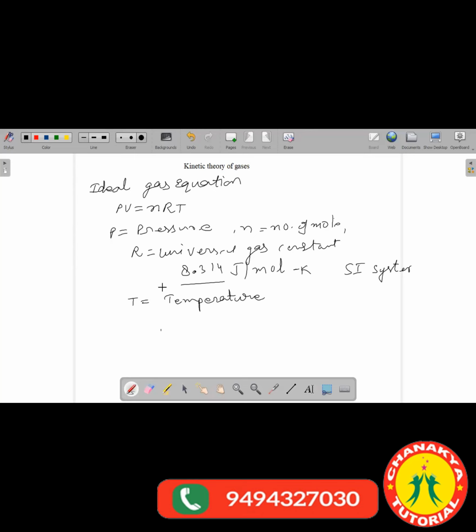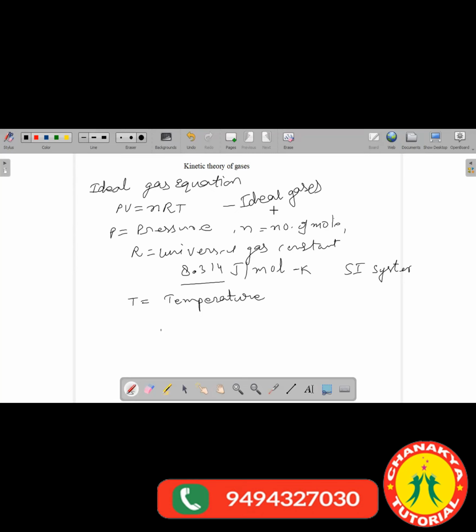Now PV equals nRT is called the ideal gas equation because we have made certain assumptions, and those gases which follow those assumptions are called ideal gases. So the ideal gas equation will be followed by ideal gases only. And in reality, there are no ideal gases because we had made certain assumptions which are not acceptable.